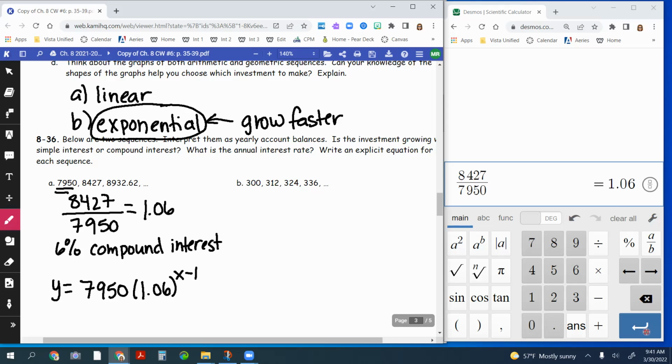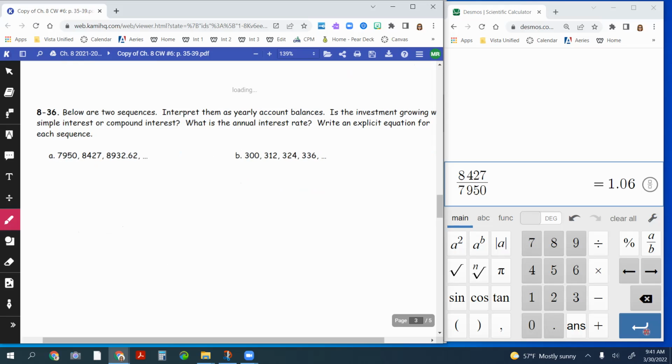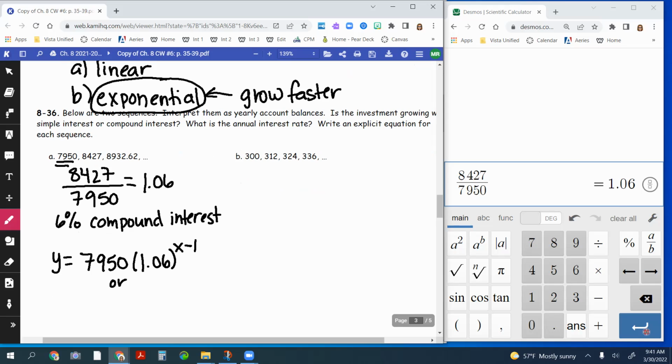And so if you're going to go backwards, then I need to take 7,950 and divide it by 1.06. And I'm going to get 7,500 times 1.06 to the power x.